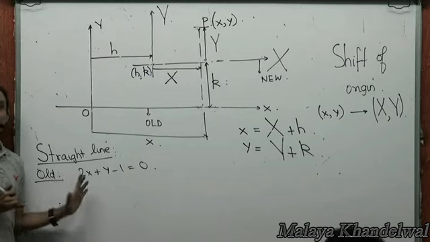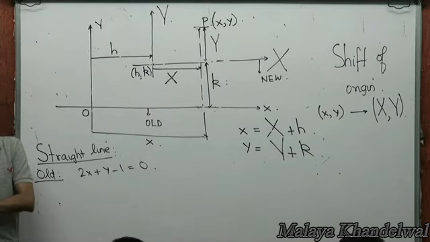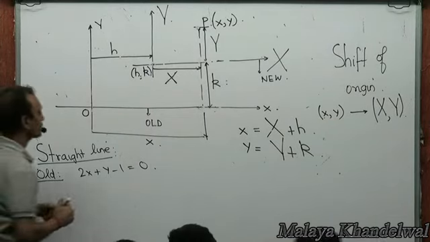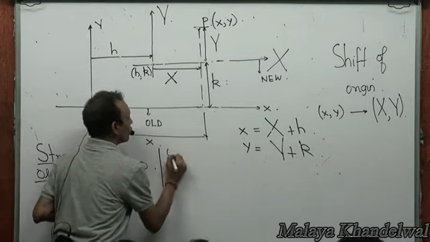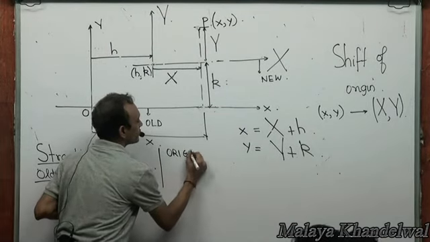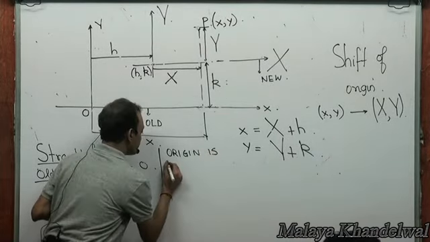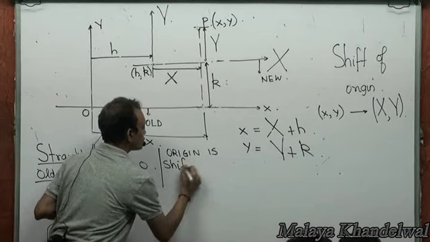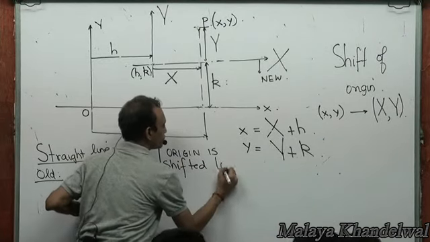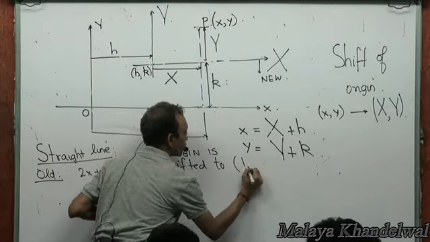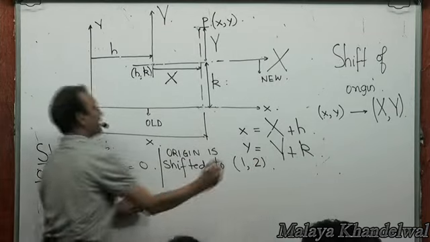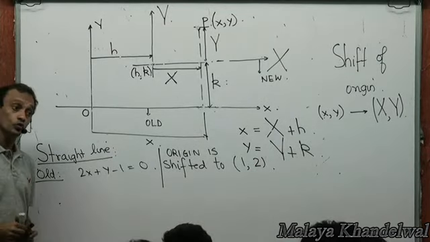It is the equation of a straight line referred to small x, small y, referred to the old system, right? Now, the origin is shifted, say, to 1 comma 2, h, k. Origin is shifted to 1 comma 2.